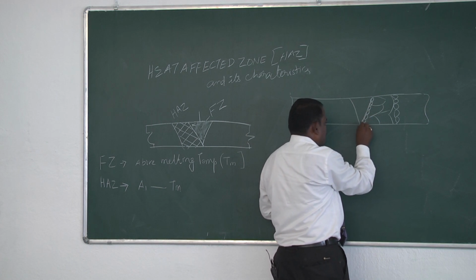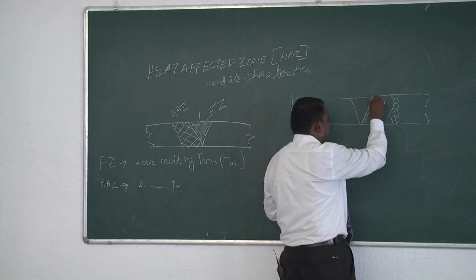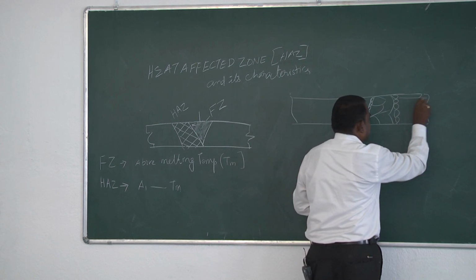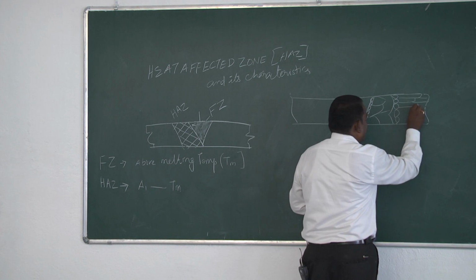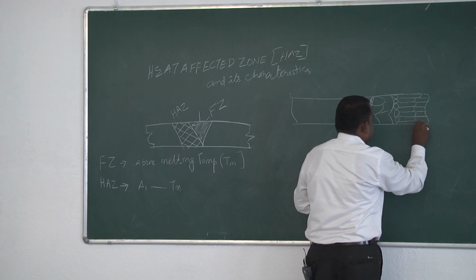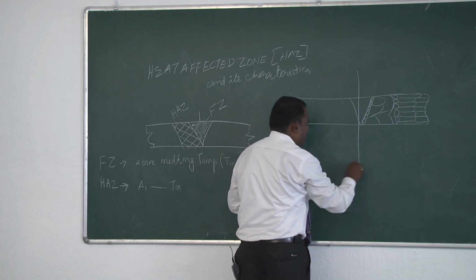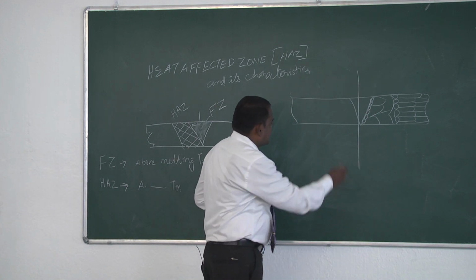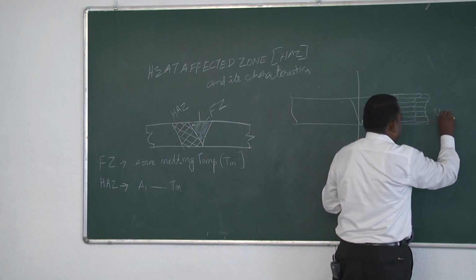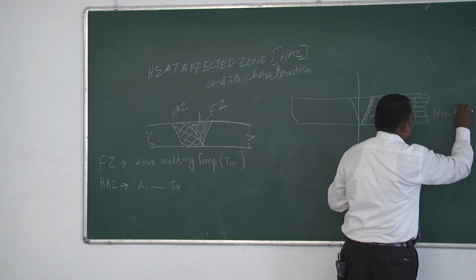One has to note, nearby the zone you will have very fine grain microstructure, and away from that you will have band structure which is normally available in the rolled condition. Since it is symmetric, I have drawn only one part of the weld joint. So this kind of microstructure is possible in non-allotropic material.